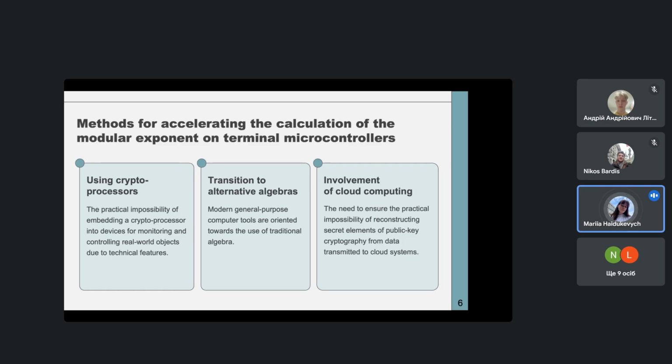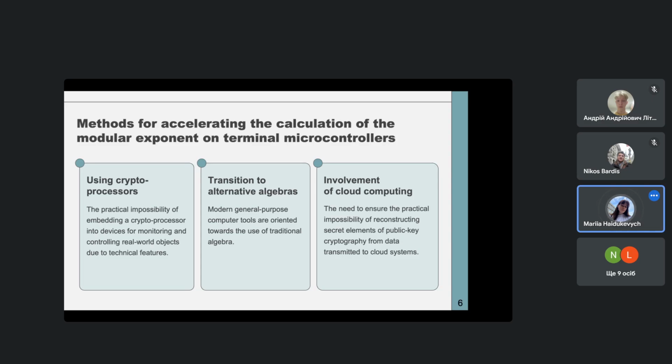The second way to speed up modular exponentiation is to switch to alternative algebraic bases, for example, to the algebra of Galois fields. And the third way to increase the performance of modular exponent calculation is to involve cloud computing, which is possible due to the presence of a radio modem in the terminal microcontroller.